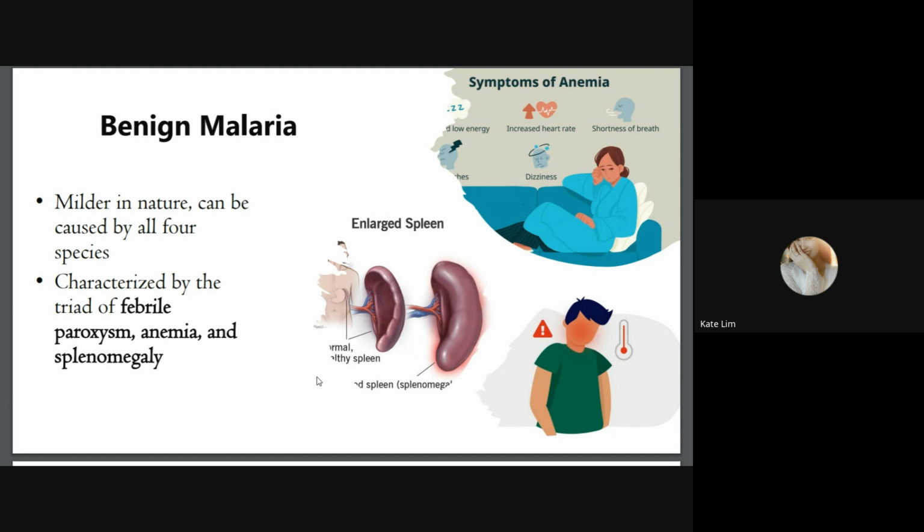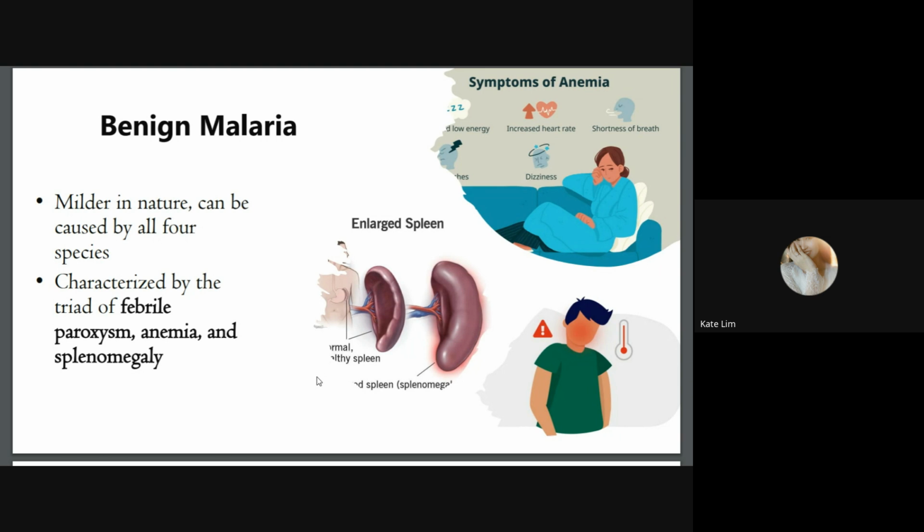Splenomegaly is actually a fancy word for an enlarged spleen. Think of your spleen as the body's cleanup crew. Its job is to filter out the old, senescent, damaged, and infected red blood cells.